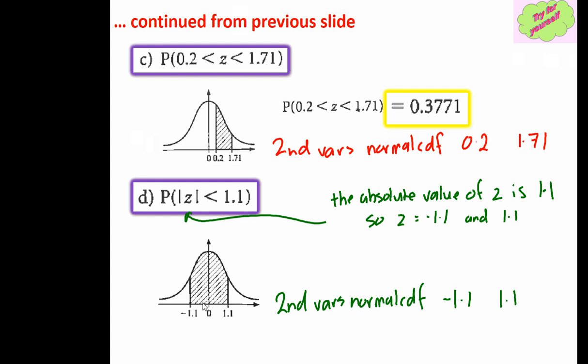So less than meaning getting closer and closer to 0. So that's why it's not getting further out here. If it said greater than 1.1, it would be this area here and this area here. But it says less than 1.1, so it means these values, because they're closer to 0. So you'd go second bar's normal CDF. Lower bound is negative 1.1, upper bound is 1.1. Plug it in the calculator, and you would get an area of 0.7286.